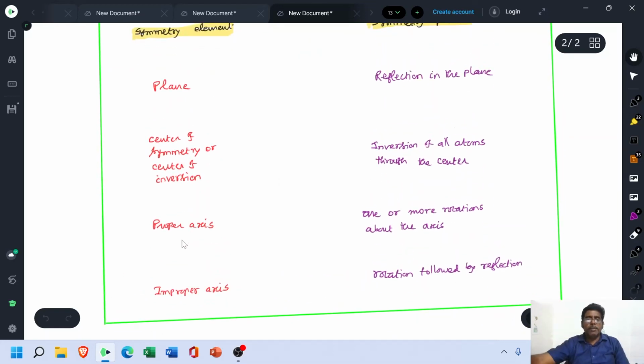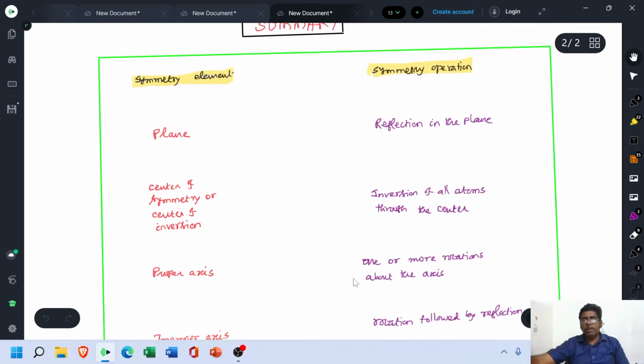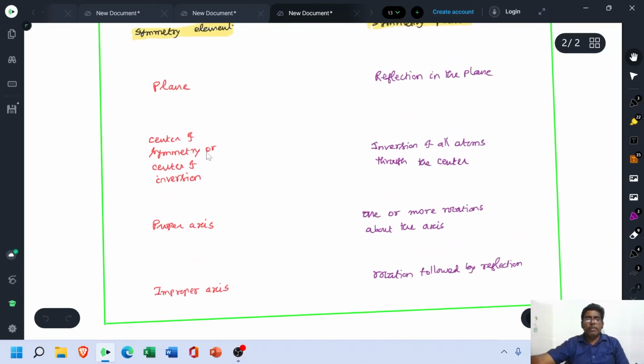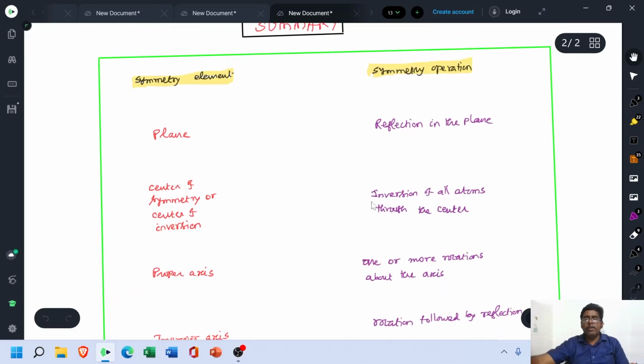Suppose the symmetry element is proper axis, the corresponding operation is one or more rotations about the axis. Suppose the symmetry element is improper axis, the symmetry operation is rotation followed by reflection. In order to get the same structure, we have to carry out these operations with respect to these elements.